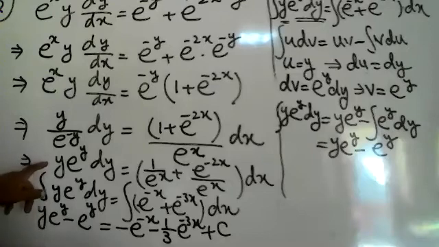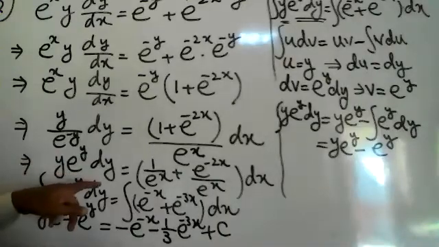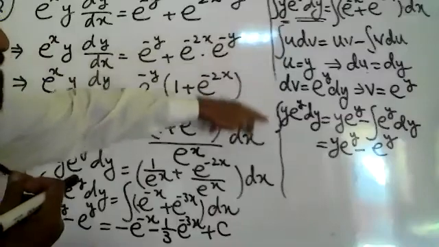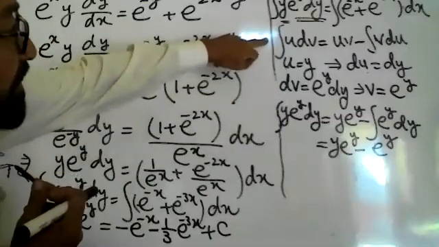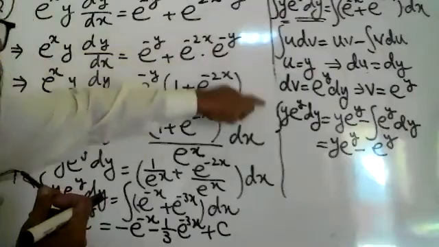So that was a bit difficult part because two functions are being multiplied. This is the formula for the whole integration.